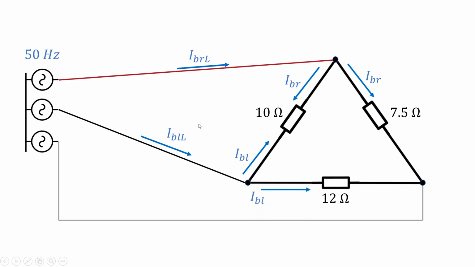So part going through the 10 ohm resistor and part going through the 12 ohm resistor. And finally, what would happen to the grey line current? Well, it's going to travel on the positive part of its cycle, come to this node here, and yep, you guessed it, part is going to split through to the 12 ohm resistor and part is going to go through the 7.5.